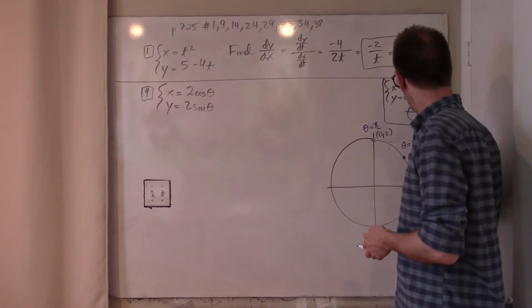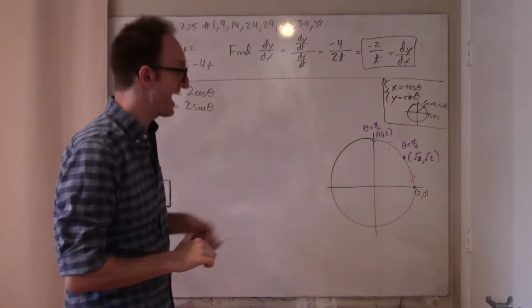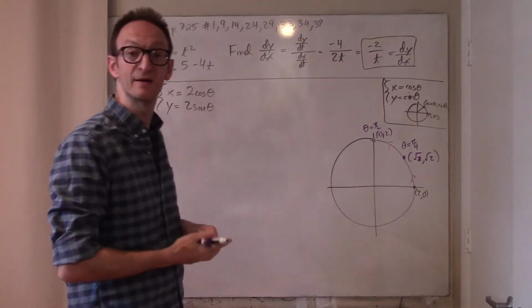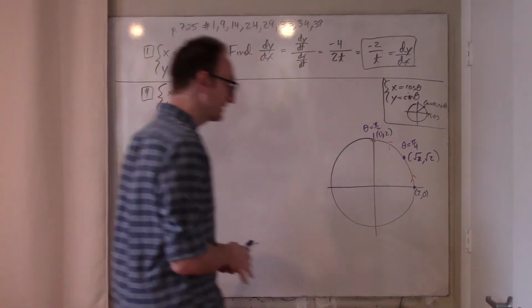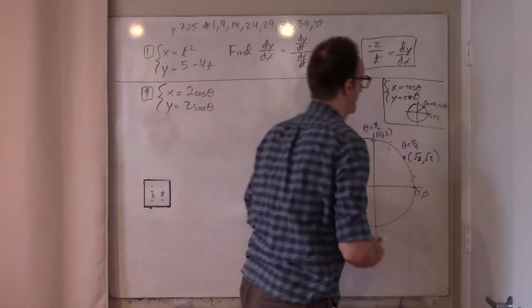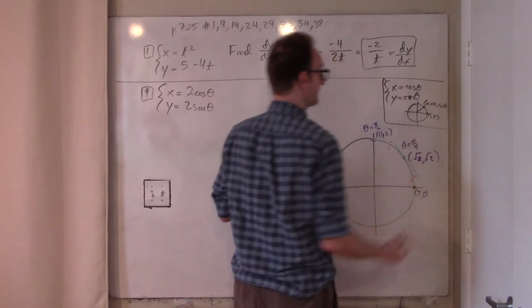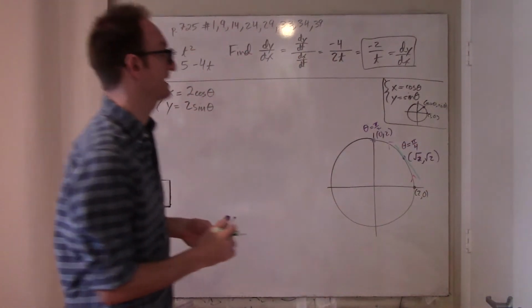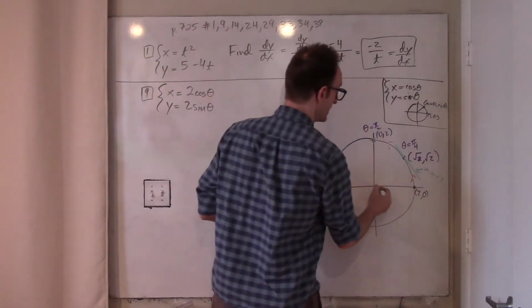Alright, I mention pi over 4 because that is the theta value that the problem is going to ask me about. And I kind of just already know the answers to whatever possible problems they might ask. The slope of that tangent line is definitely going to be negative 1.